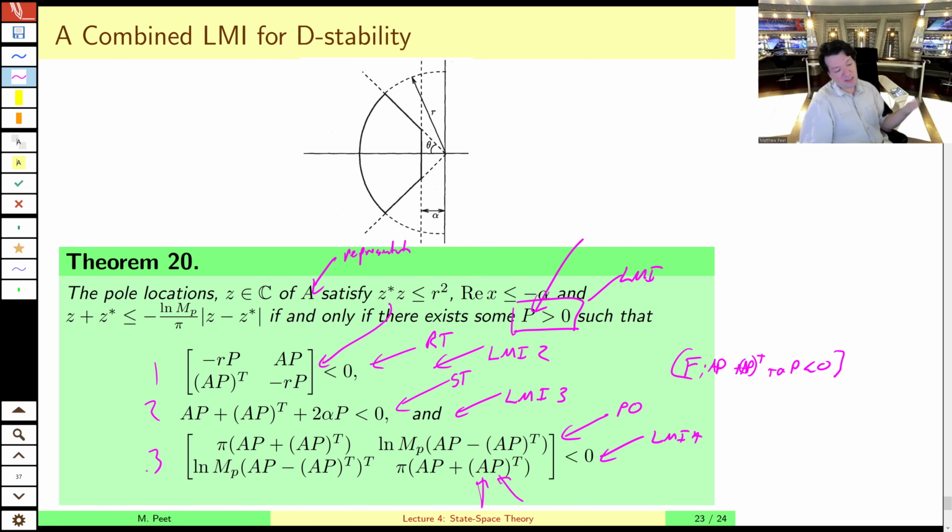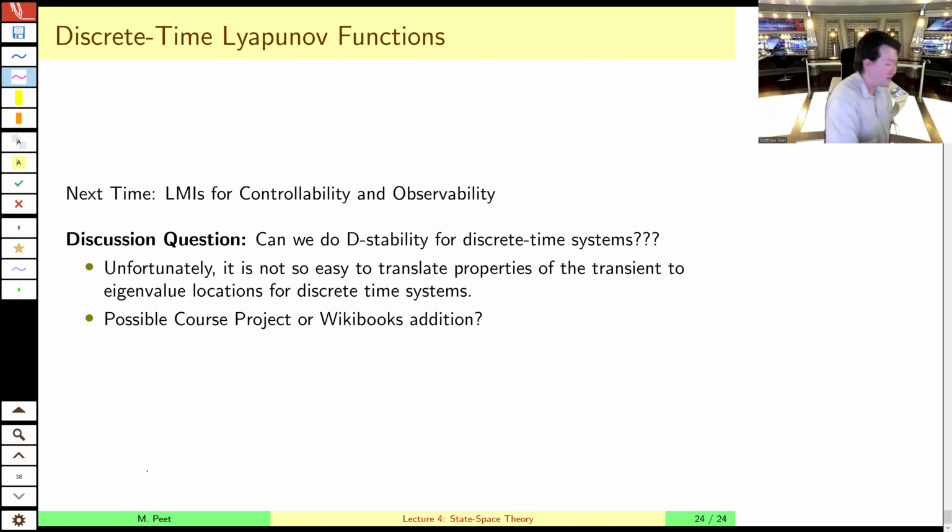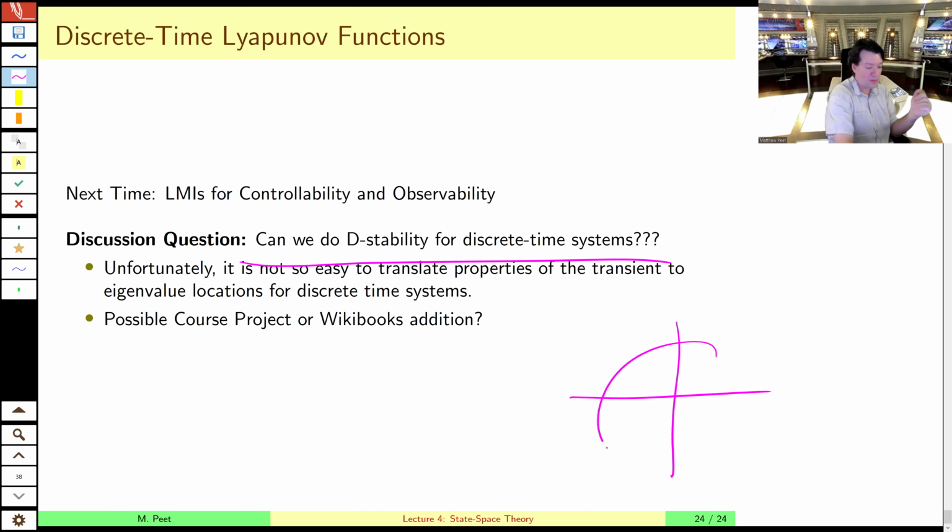Now, of course, this begs the question of whether one could use these constraints to study discrete time systems. Of course, you could. Can we do D-stability for discrete time systems? Well, yes. Remember, sureness, for example, is just the circle. The problem is rise time, settling time, and percent overshoot.